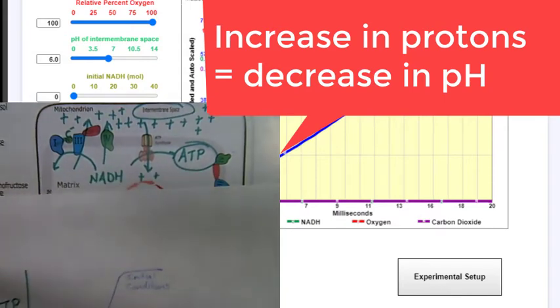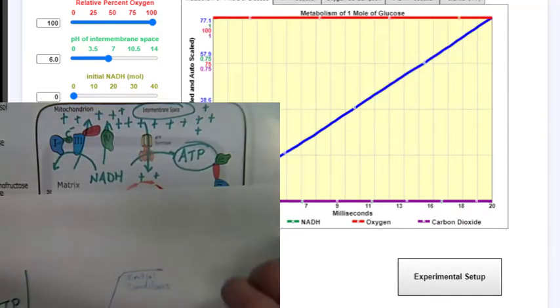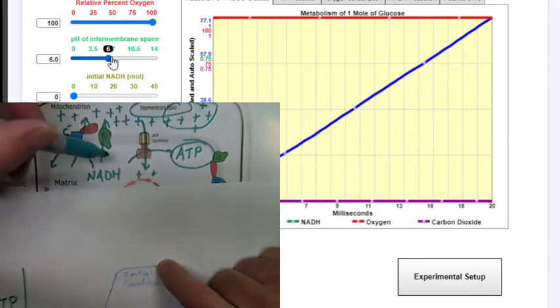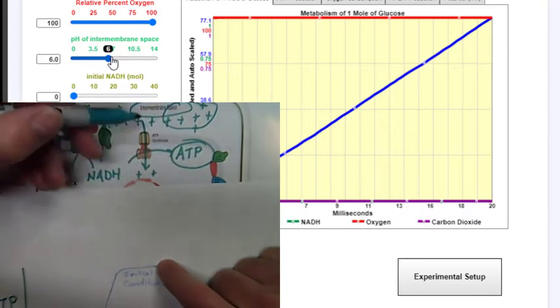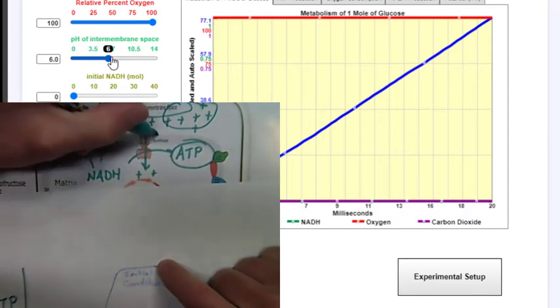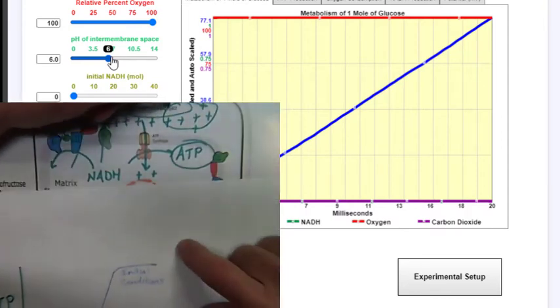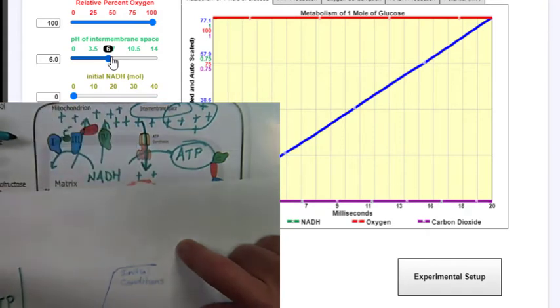Once they understand that, they'll see that in our intermembrane space here, our pH went down, so there's more hydrogen ions here than anywhere else. And because of that, we've already created this concentration gradient. So this is what's needed to drive this ATP synthase, just an increase in hydrogen ion concentration.